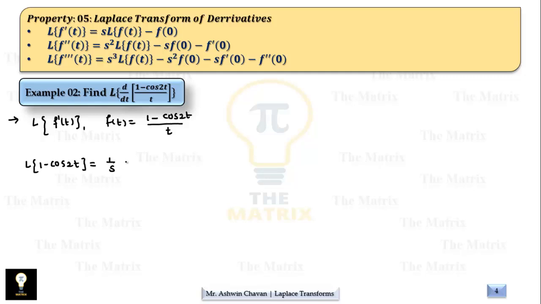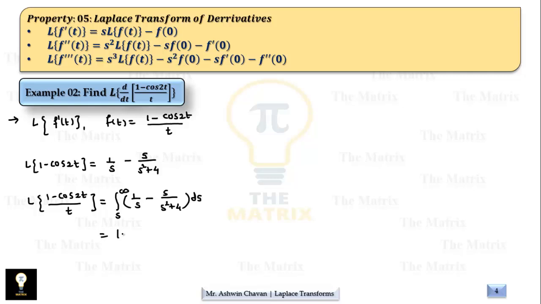Laplace of 1 is 1 by s minus Laplace of cos 2t is s upon s square plus 4. So Laplace of the numerator is done. Let's attach the property on the left side, that is (1 minus cos 2t) upon t. The effect on the other side is integration in the limits s and infinity. So it will be integral of (1 by s minus s upon s square plus 4) with respect to s.